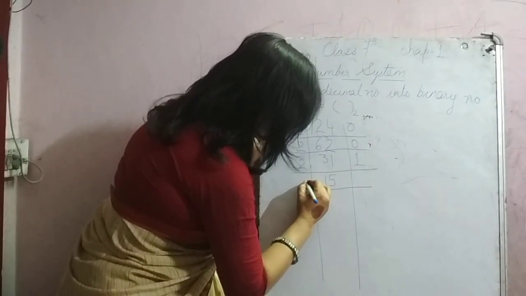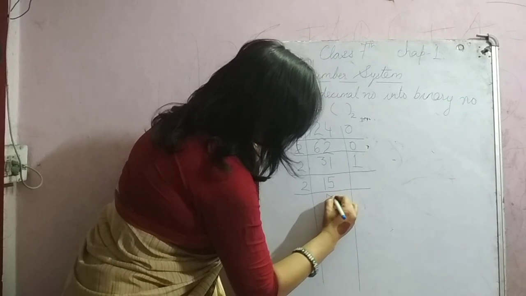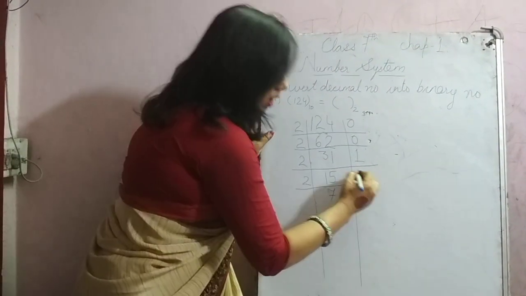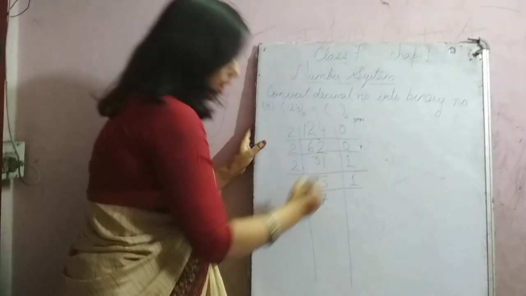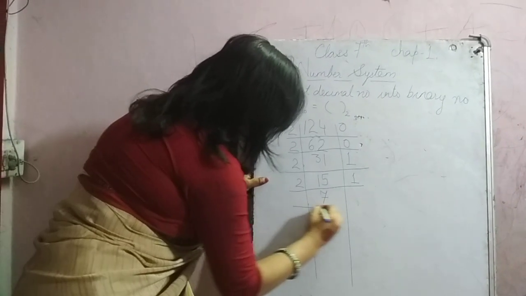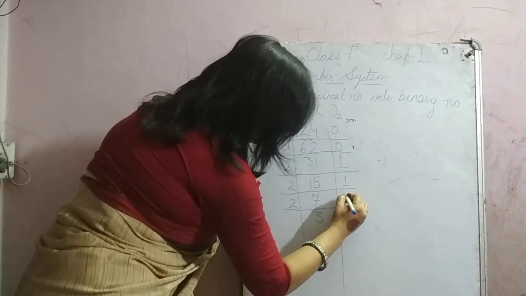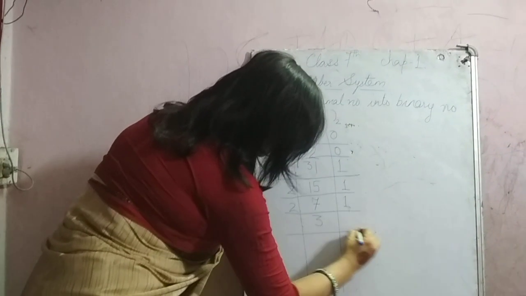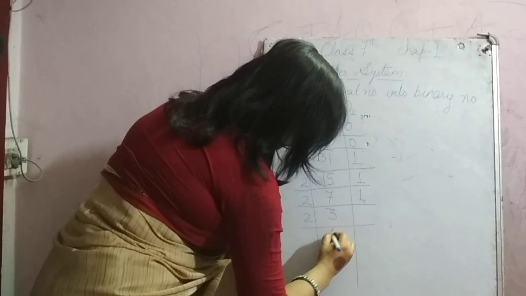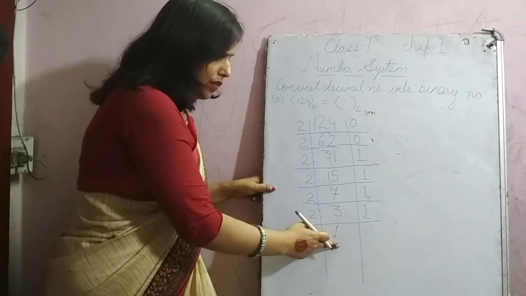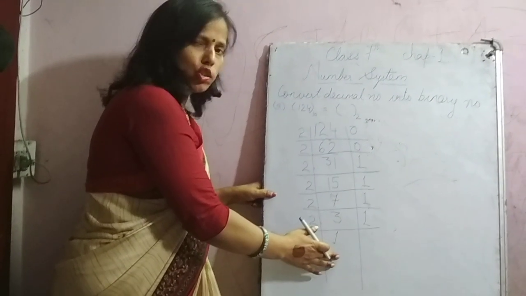Again divided by 2, 7. Again one remainder is left. We have to write it on the right side. Again 2, 3, 1, 2, 1, 1. So, when we will get 1, then only we are going to stop it.